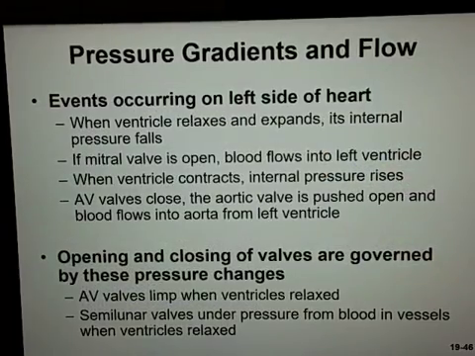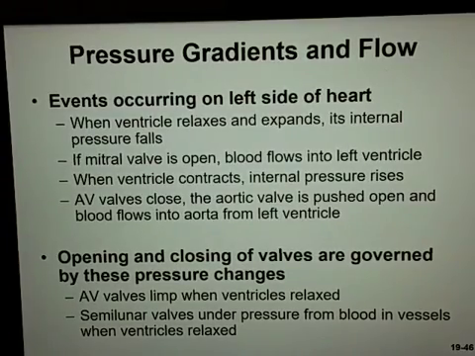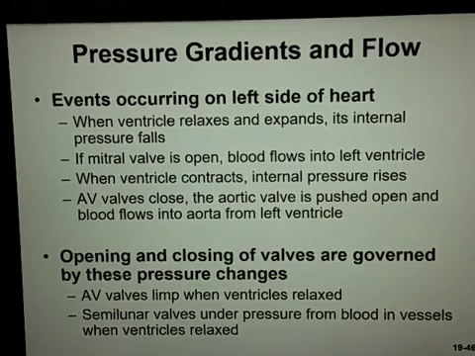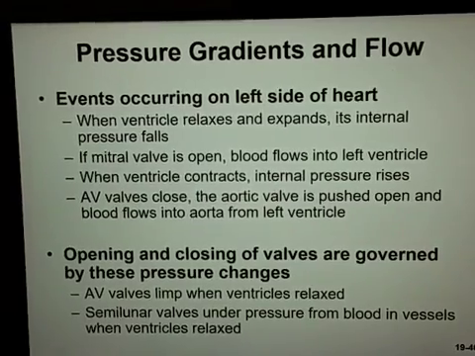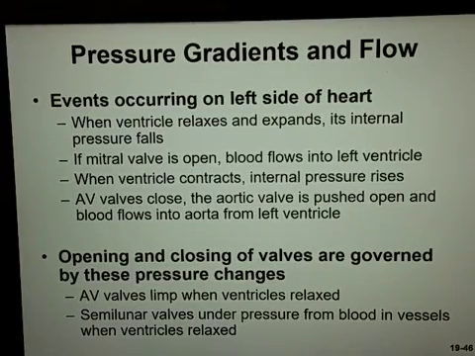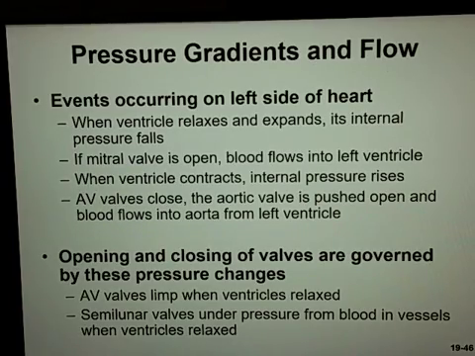So one of the things that happens when these pressure gradients are created is that we have stuff that's going to occur on the left side of the heart as well as stuff that'll happen on the right.